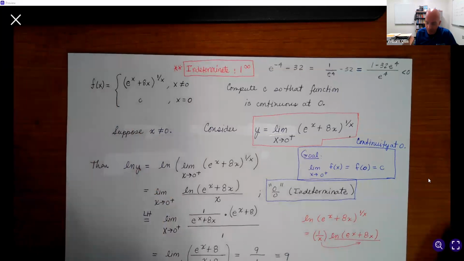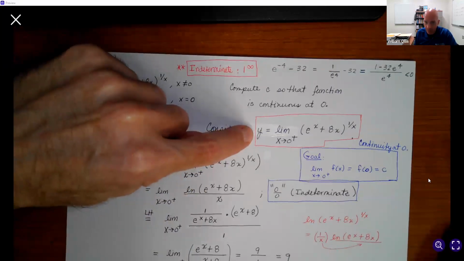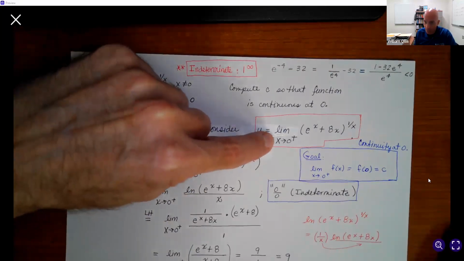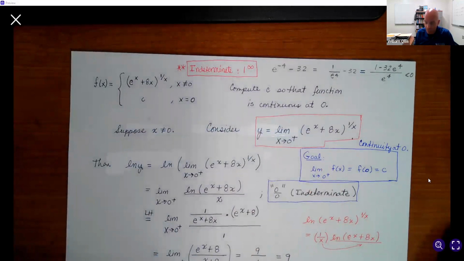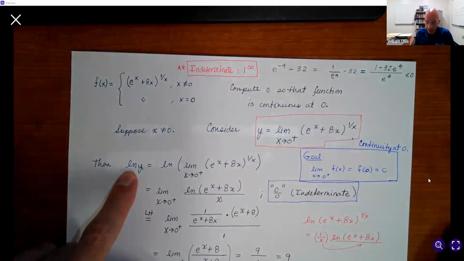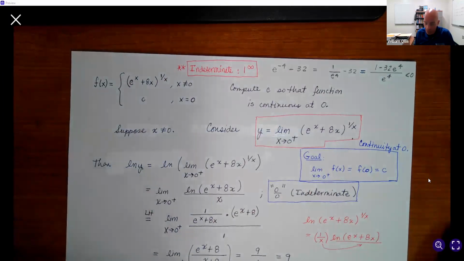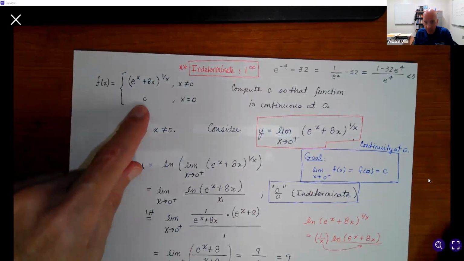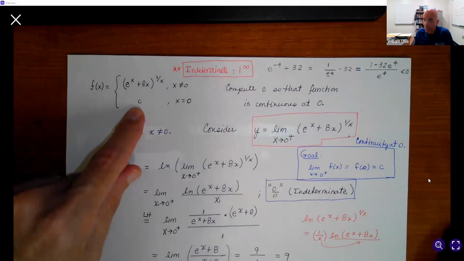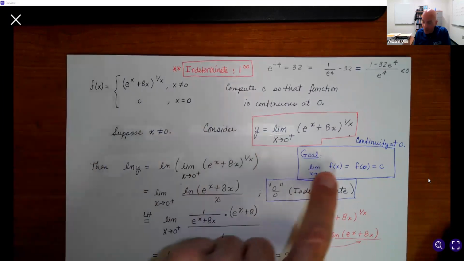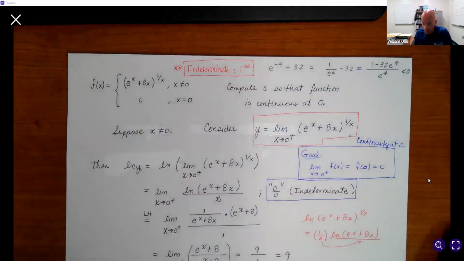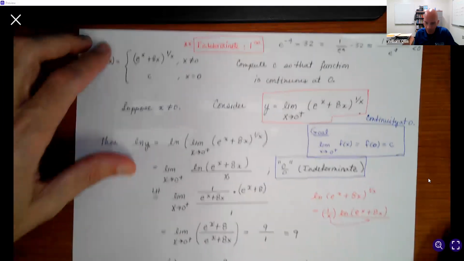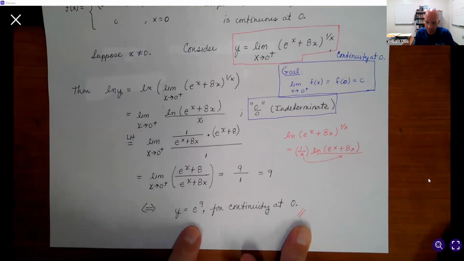So again, we figured out the limit of f as x approaches 0 here, and then we just simply apply the definition of logarithm. And so this e to the 9 can go in for c here, and we know we have continuity at 0. So again, we get this. Now we can replace the c with this number. And let me move this up, pointing at something you can't see, e to the 9.